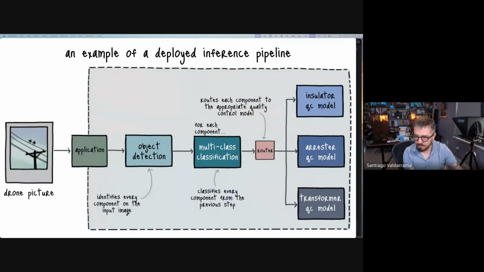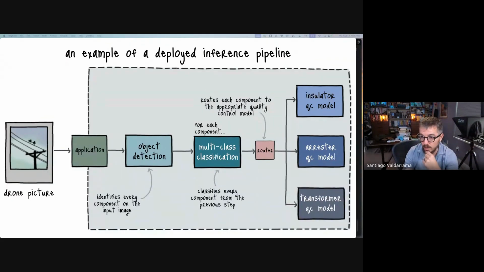We did not want to rely on that. We just wanted to identify the objects, and then had a multi-class classification model, trained a little bit better, identify the type of component. Let's say we get 16 components out of the object detection model. We wanted to name each one of those 16 components using this multi-class classification model. So that's two models working together.